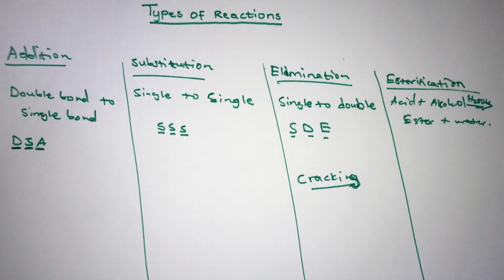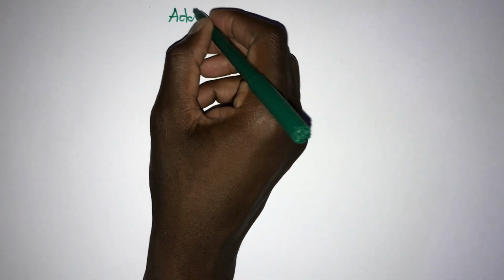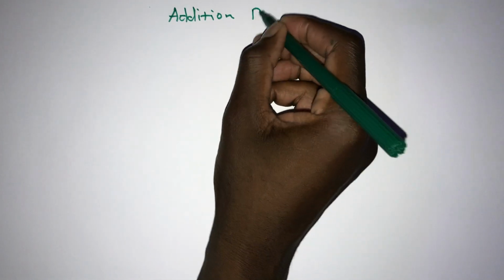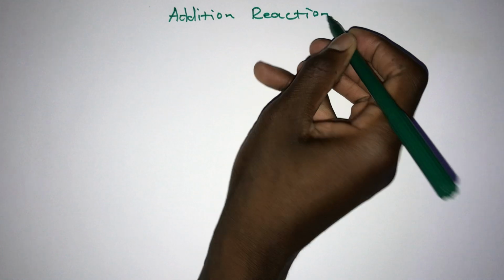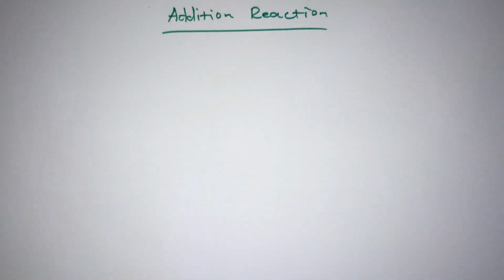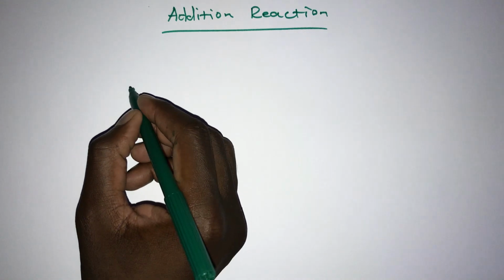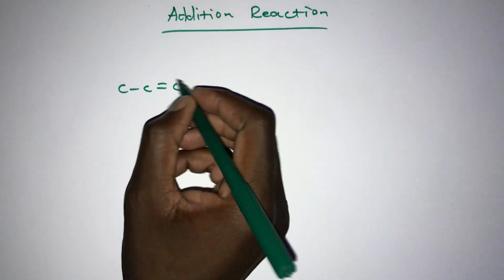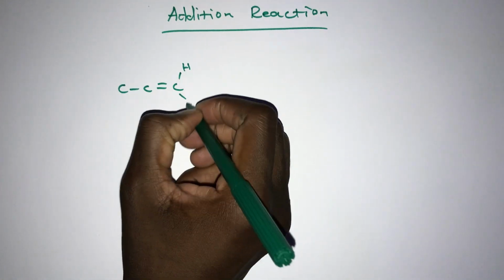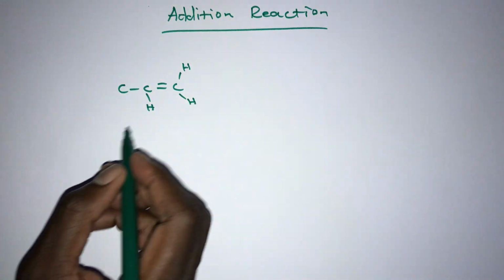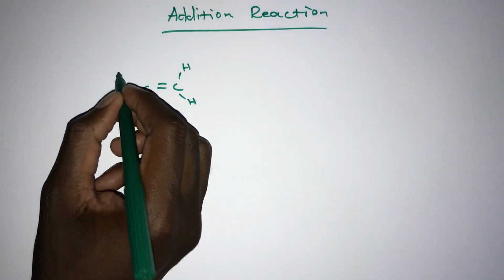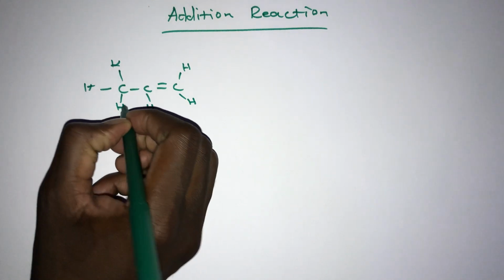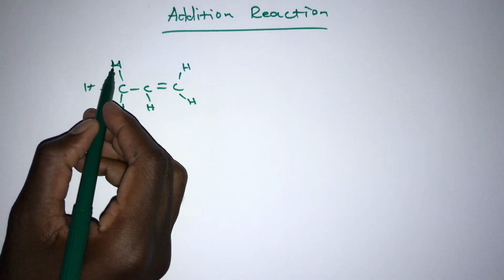So now let's focus on the addition reaction. Let's say we have C double bond O. Now let's check this hydrogen.